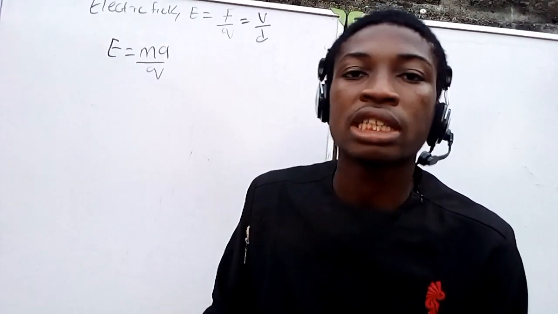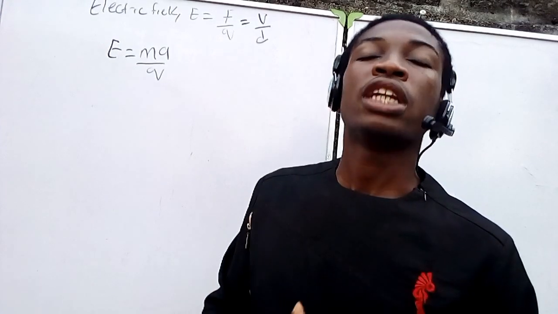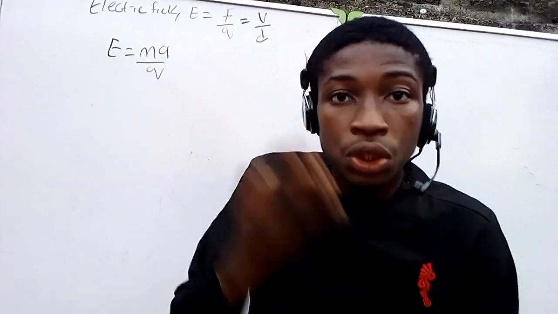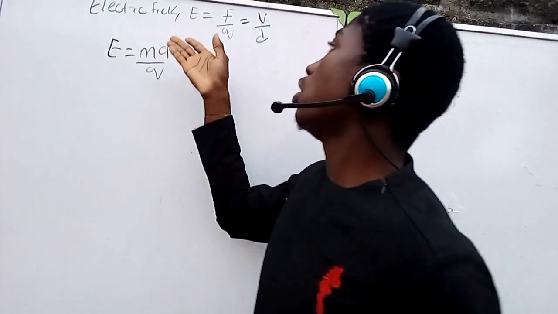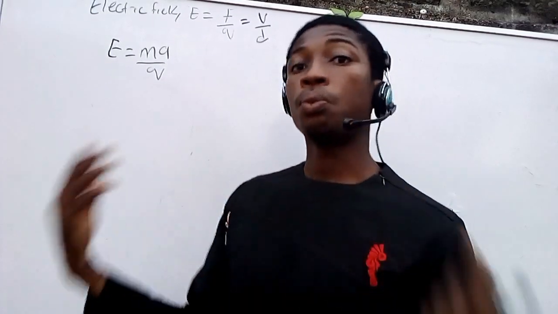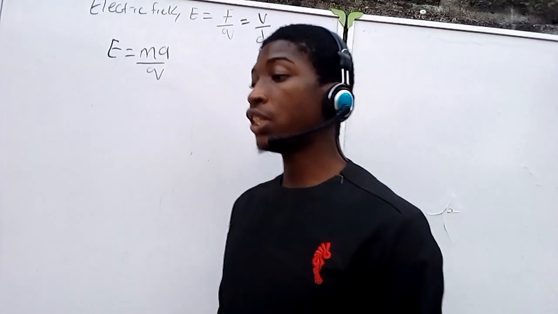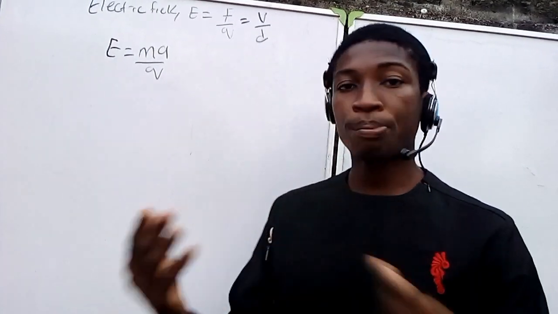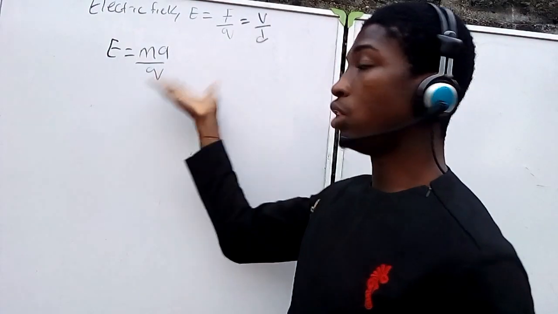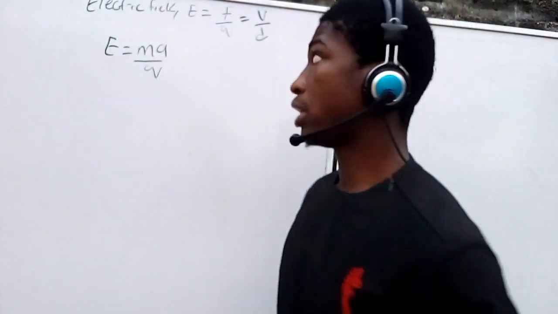We're going to solve questions on that. I'm going to tell you the mass of an electron and a proton and the charge of an electron and a proton. So this is the equation that relates electric field with mass, acceleration, and charge. To find the acceleration of a particle in an electric field, make use of this. Alright? So that's that for that.